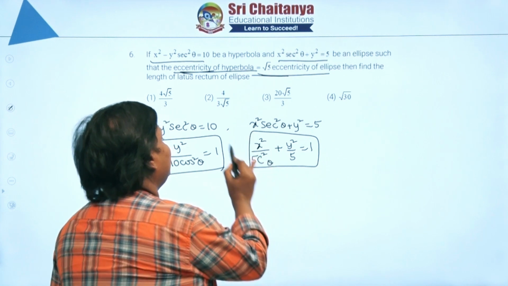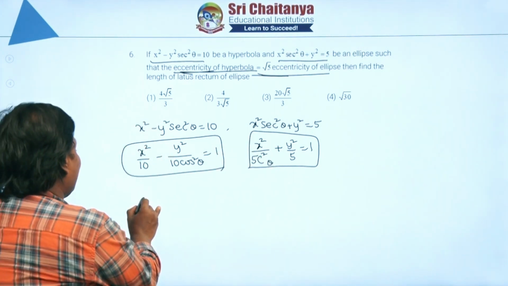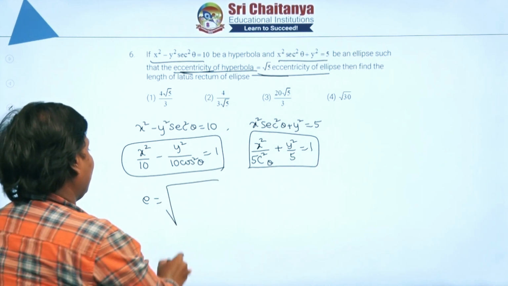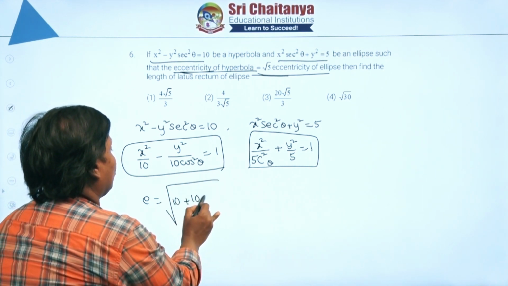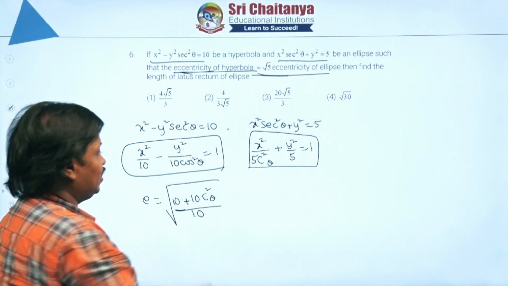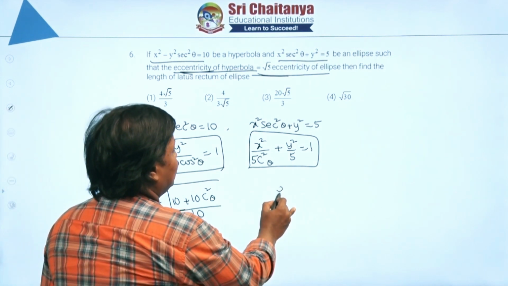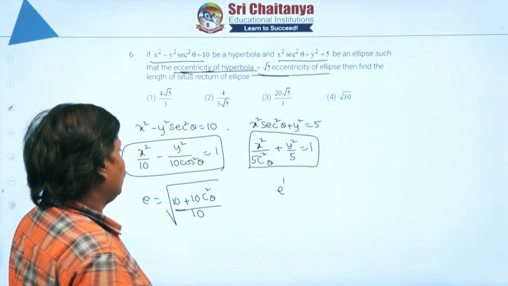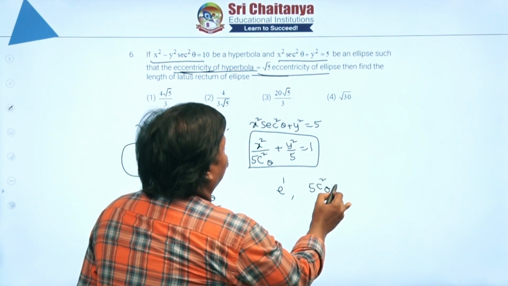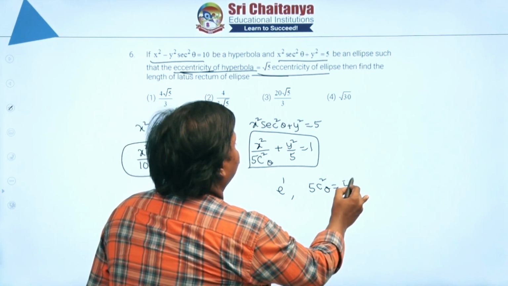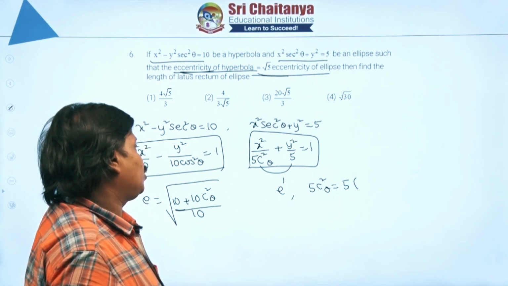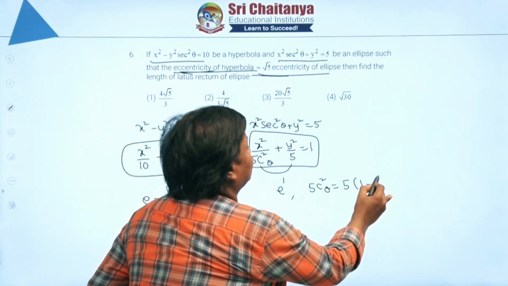We can write the eccentricity of the hyperbola as e, which I am writing as root over (a square plus b square) by a square. That means 10 plus 10 cos square theta by 10. And I am assuming the eccentricity of the ellipse as e dash. Because here a is less than b, 5 cos square theta equals 5 times (1 minus e dash square).